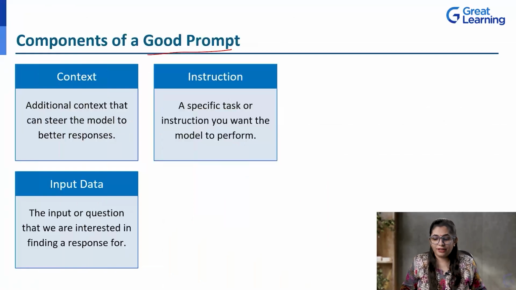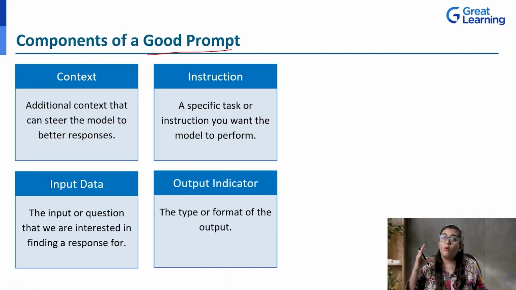Why is it needed? Next is the input data. What is your input data? For the Tesla example, the input data is the business report or business article that you will provide to ChatGPT. And the output indicator is what and how you want as an output.